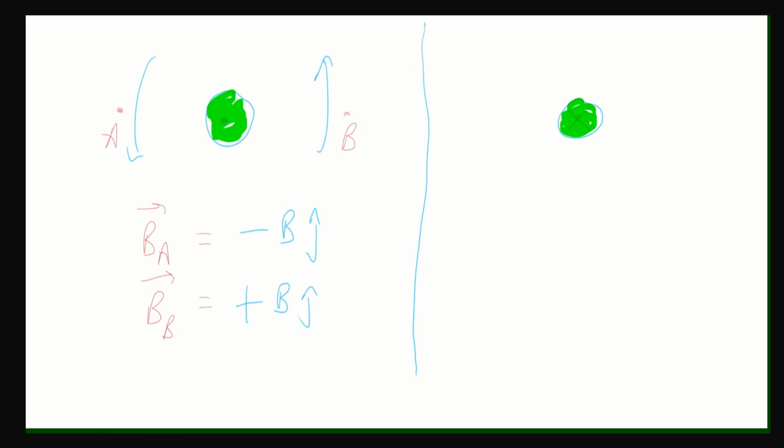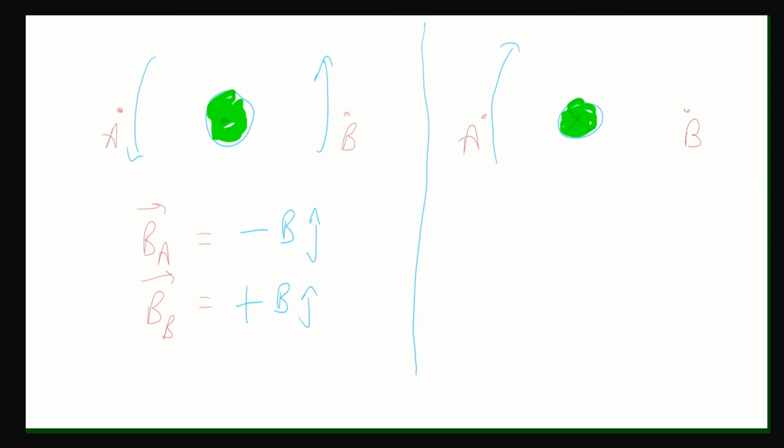Similarly, in the right side figure, if I consider 2 points, again say A and B, and I am asked to find the direction of magnetic field at A point, what should I do? Here again keep your pen perpendicular to the screen, and keep your thumb along the pen but as if it is going inside the screen. And look at the curling of your fingers around the pen.